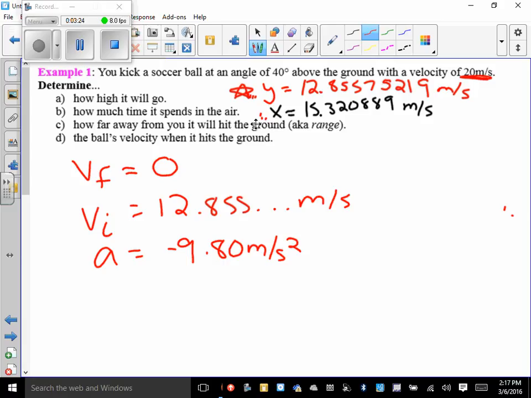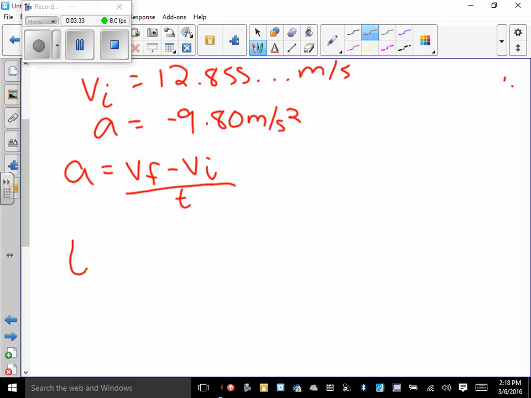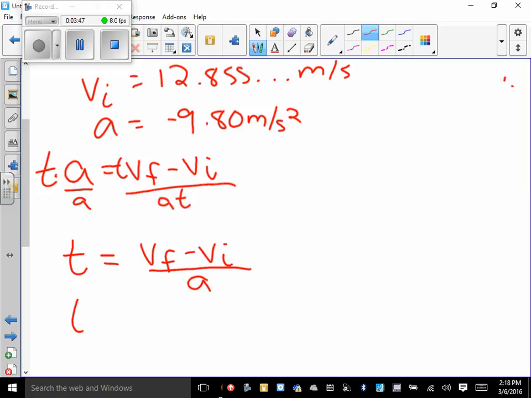So using the same formula, a equals V final minus V initial all over time. Solving for time, I multiply both sides by time and divide both sides by a. That was kind of messy, sorry. Time is V final minus V initial over acceleration.